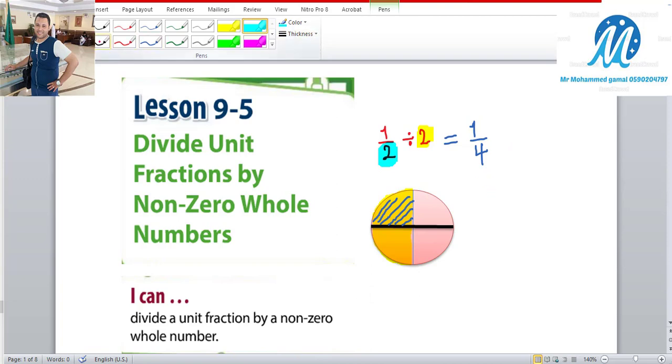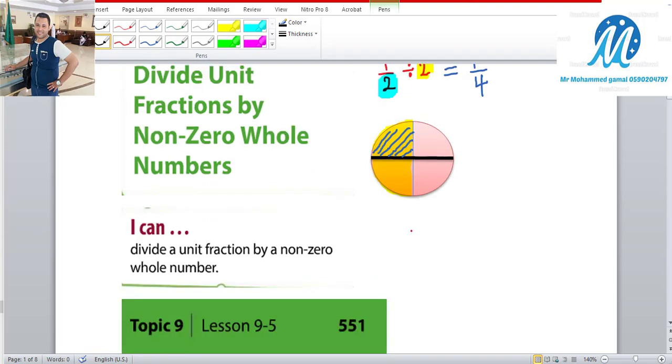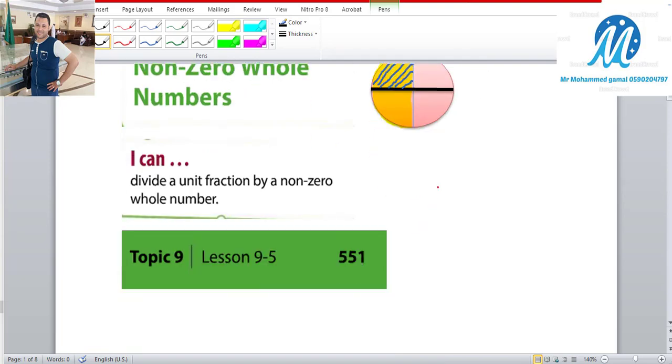You have to differentiate between the two. If you started here with 5 divided by 1/3, we studied before that we multiply the 5 by the 3, and the answer is 15.